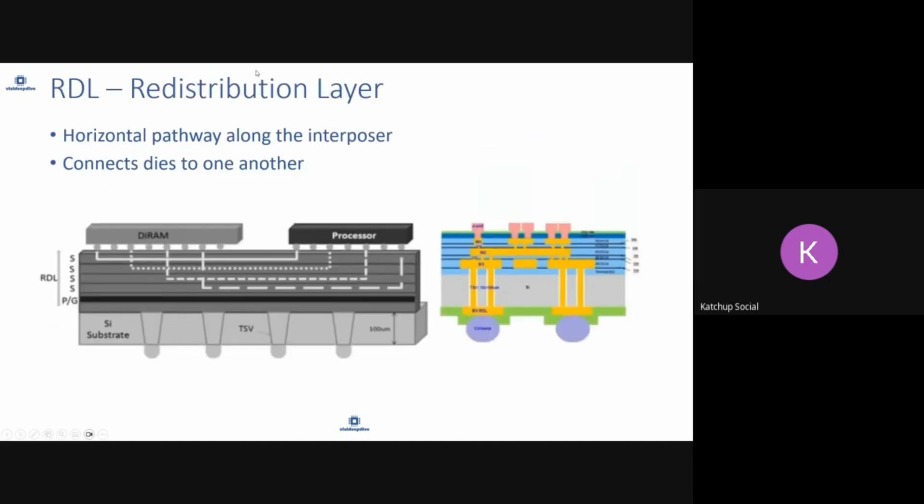Second is the redistribution layer, which basically provides the horizontal pathways along the interposer. You connect one die to another using this horizontal pathway, the redistribution layer or RDL, for horizontal connectivity, and your through silicon vias for vertical connectivity.